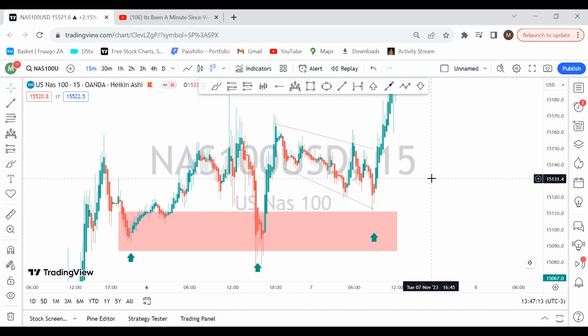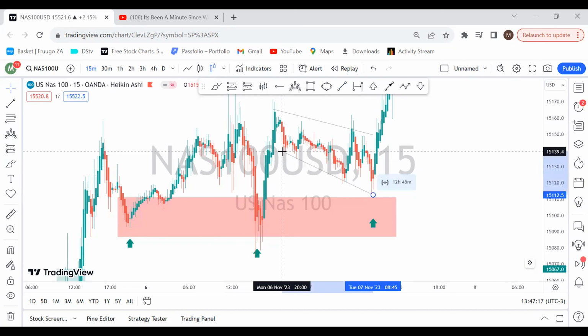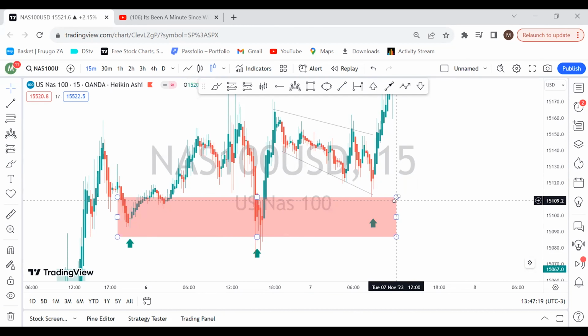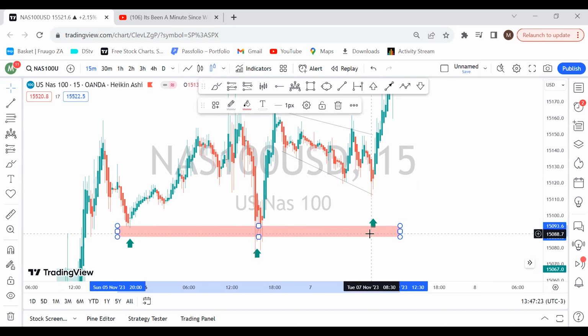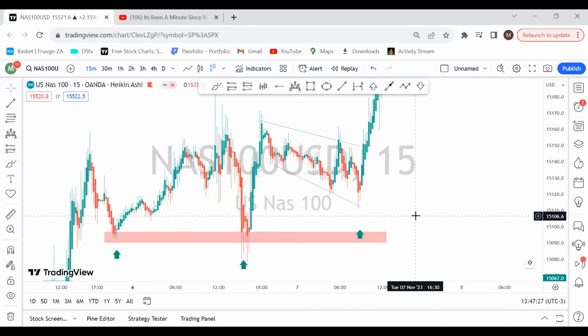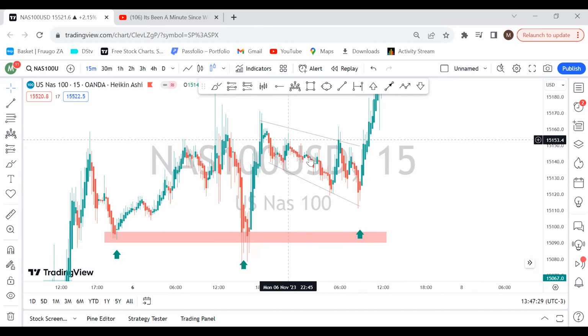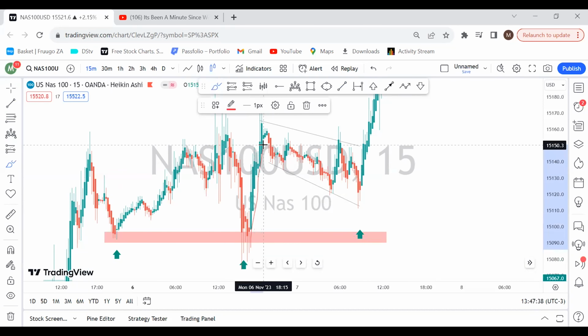So now what we have is something very interesting. Even if you didn't adjust your zone or your support, even if it was still right here, just this market movement alone would tell you that, oh, we had this impulse, now we have this correction.